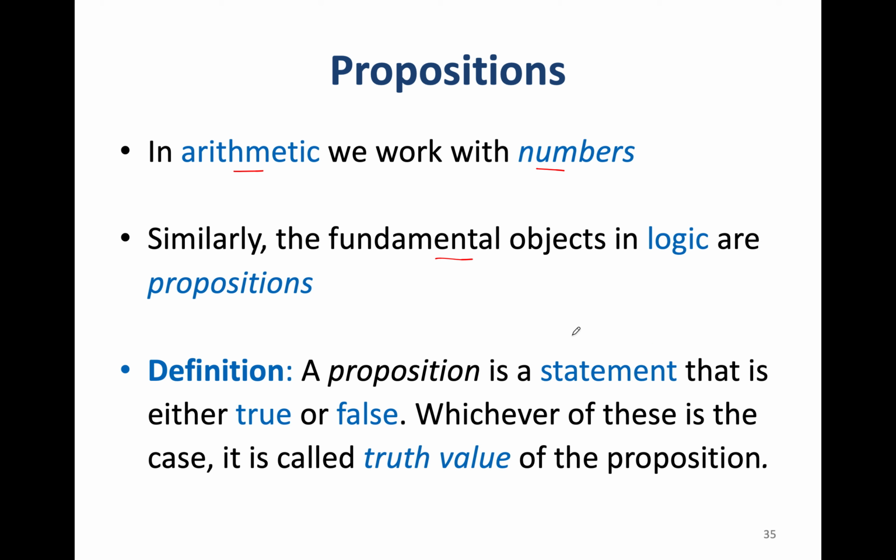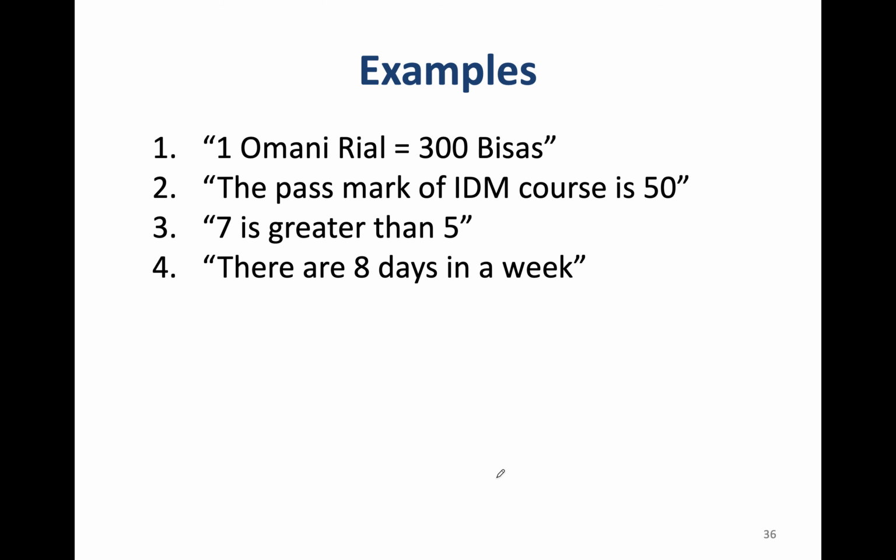A statement is something like a sentence, but it has a truth value, which is either true or false. Now, we usually visualize true or false as capital T and capital F, or 1 or 0. All right, and we call this the truth value of the proposition.